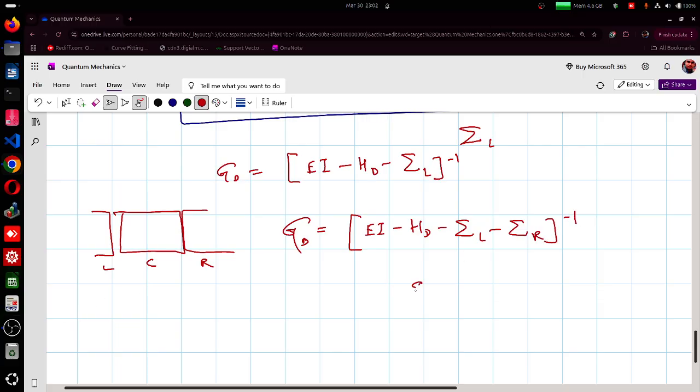Where sigma L is tau dagger GLR tau, and this is some other coupling matrix. The two are the same unit cells, so we can take this coupling matrix to be the same. So these are the self energies corresponding to the leads.